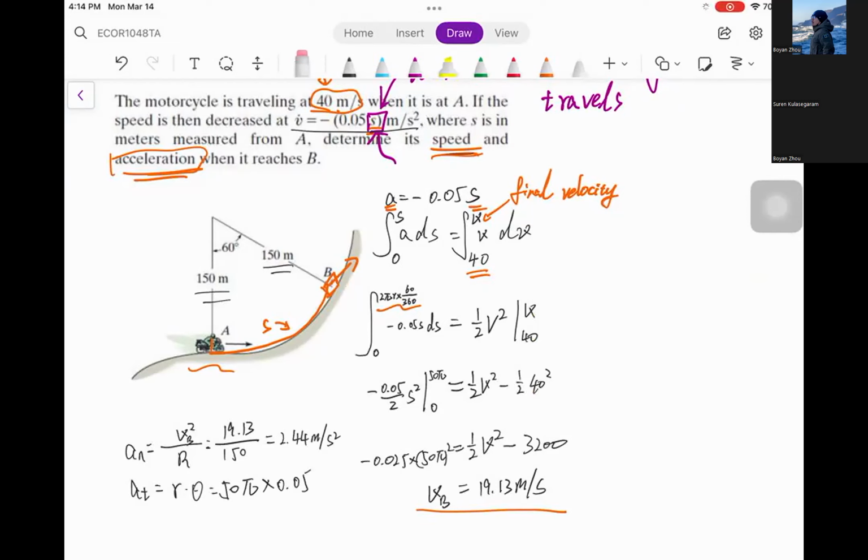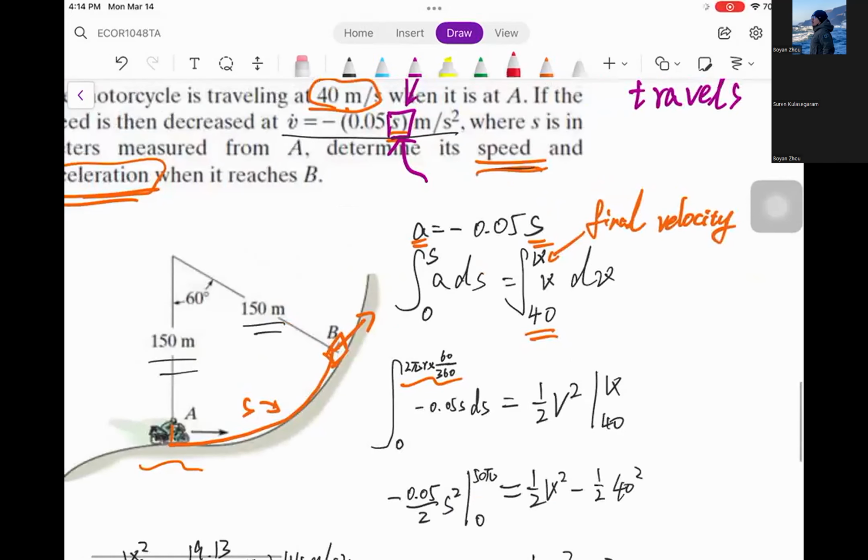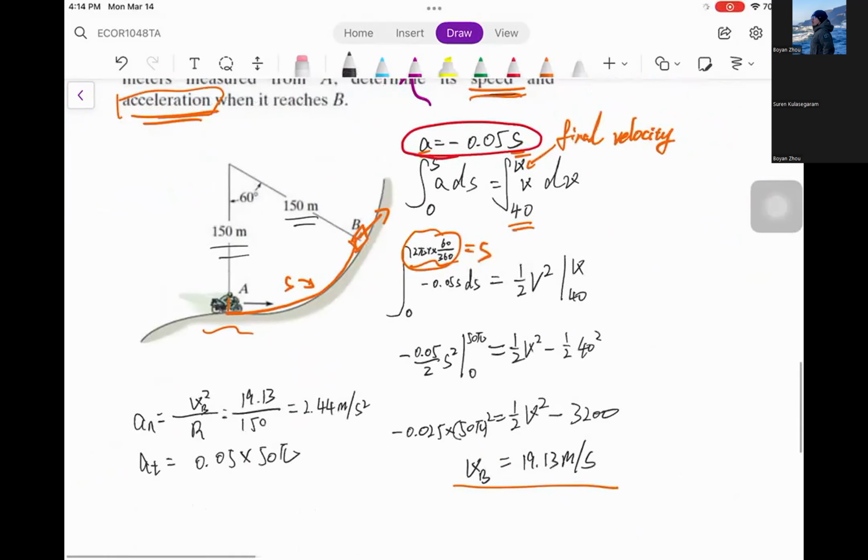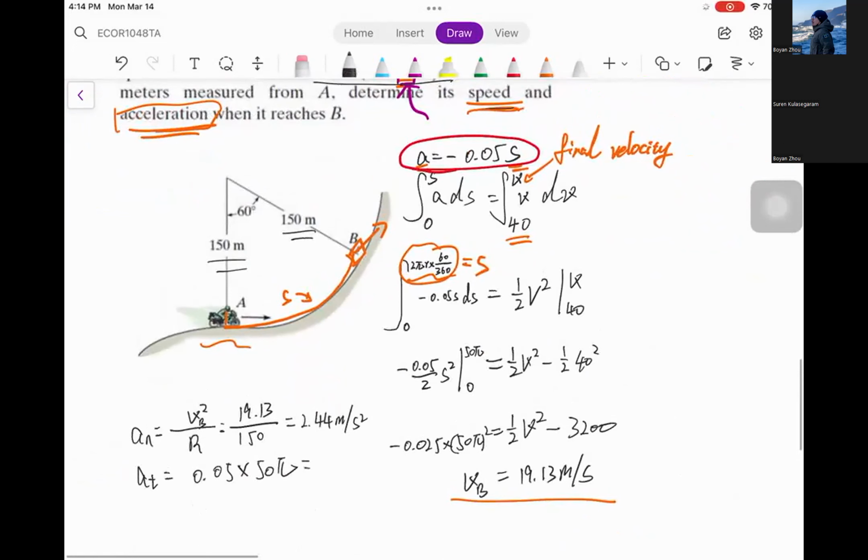Wait, it's not this one. It's actually given here, sorry. It's a given function. So just 0.05 times s. S on here is 50 pi. We already find the s on here. So just plug into the equation on here. We can get this one is equal to 2.5 pi.